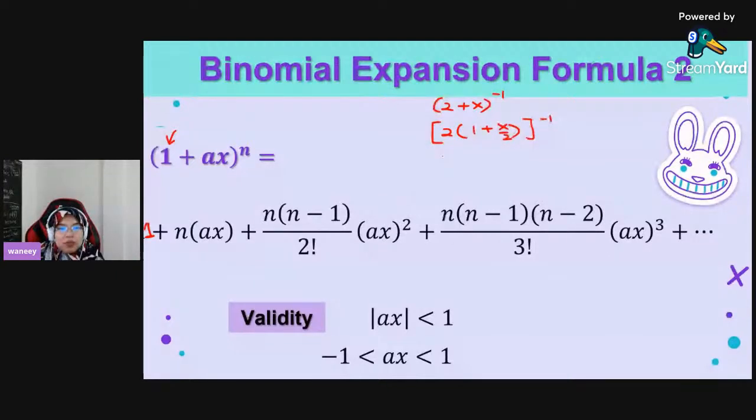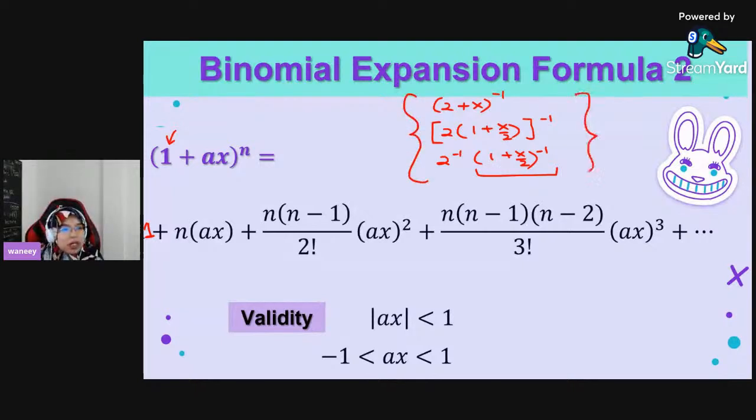So it will become 2 to the power of -1 times (1 + x over 2) to the power of -1. This is the thing that we should expand using this formula. So if you want to use this formula, the first digit must be 1. So it should be 1 plus something or 1 minus something only. You cannot have any number other than 1. If you have any number other than 1, you should factorize it first.